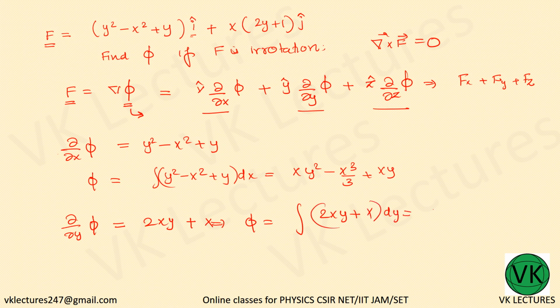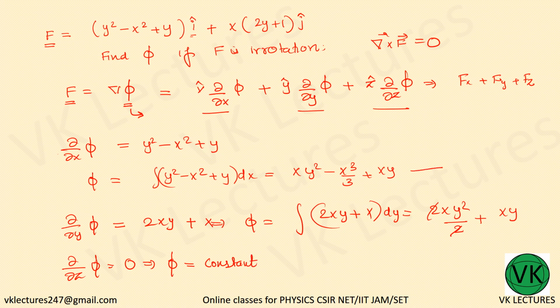So 2x y square by 2 plus xy. So the 2 gets cancelled: x square y plus xy. Now with respect to z, dou by dou z of phi is equal to 0, which means phi is equal to constant.